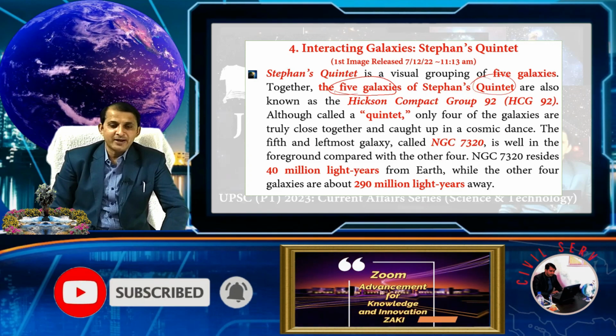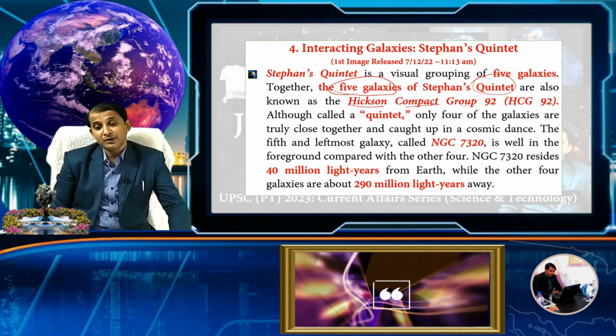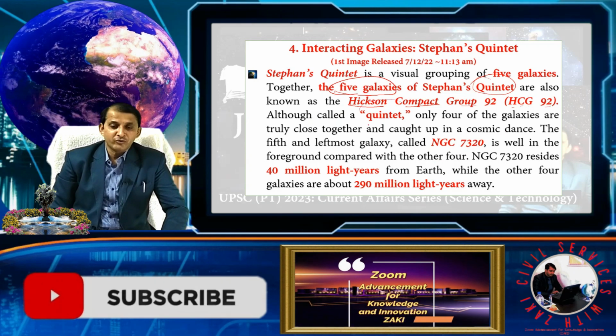It is also known as Hickson Compact Group 92, and in short you can call it HCG 92.